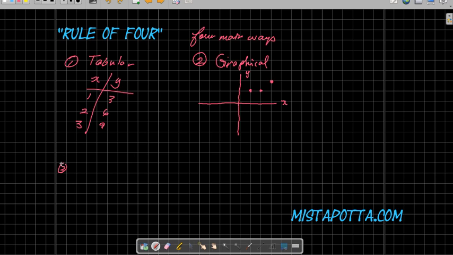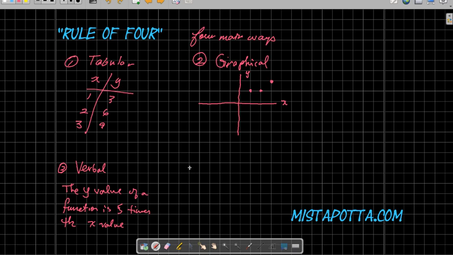I may also see it verbal. In other words, a wordy description of what the function is doing. So I may see something like the y value of a function is 5 times the x value. And this actually describes a function.